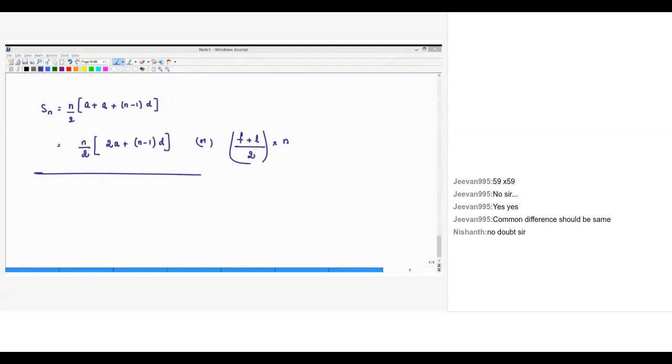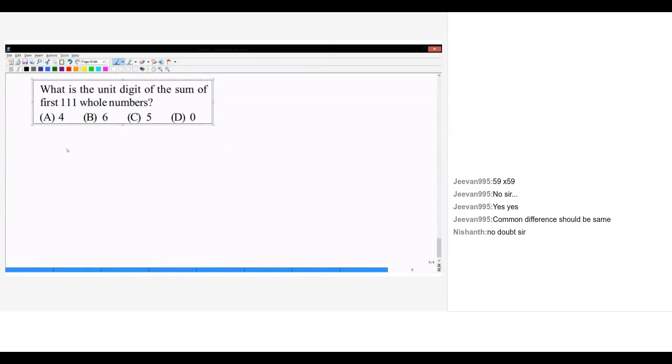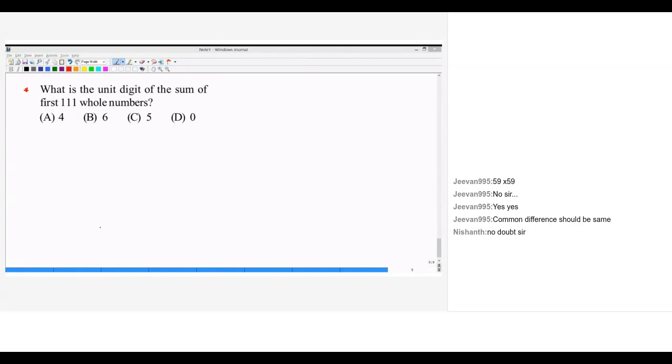Try to answer this. Sum of first 110 whole numbers. Whole numbers start from 0.